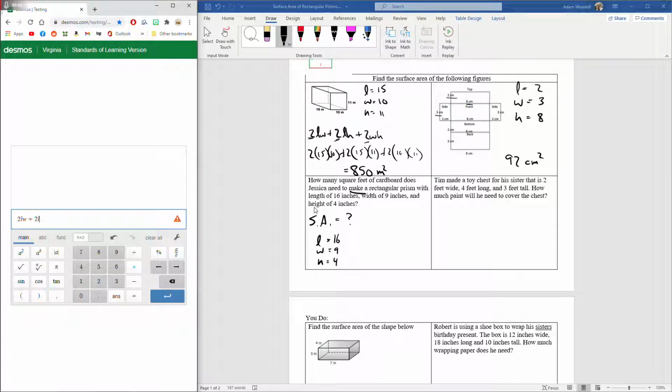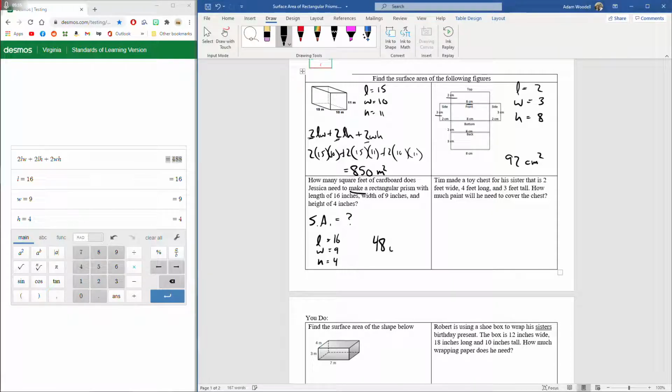Plus 2LH plus 2WH. Great, I have my formula. Let's type in what L is equal to. L was 16. W was equal to 9. And height was 4. You'll see that it calculates everything for us, and we get a final answer of 488.